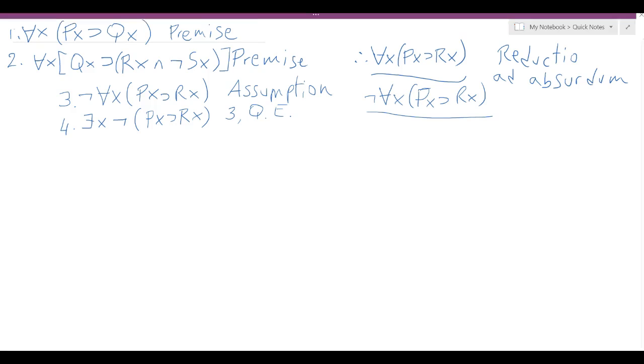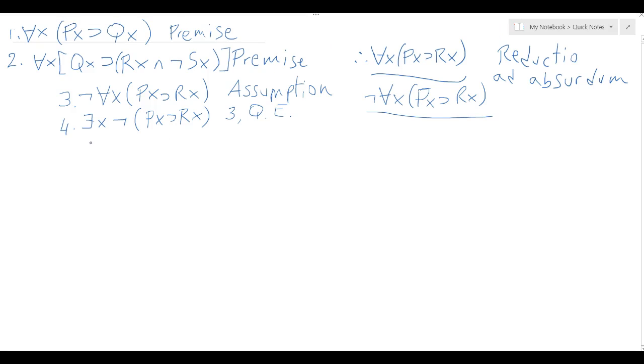Now we have to try and get rid of the quantifiers. Remember that you start proofs by trying to get rid of the quantifiers so that you have shorter formulae to work with. Here we have an existential quantifier, and here we have two universal quantifiers.